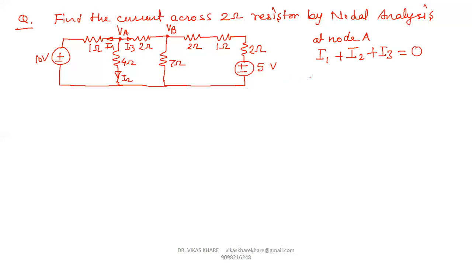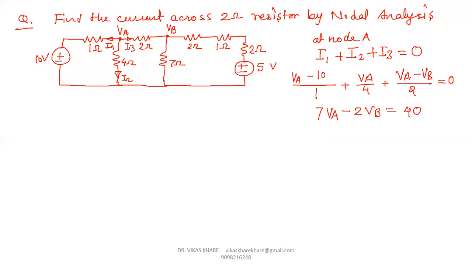So VA minus 10 upon 1, plus VA by 4, plus VA minus VB upon 2 is equal to 0. After simplification, the equation becomes 7VA minus 2VB is equal to 40.